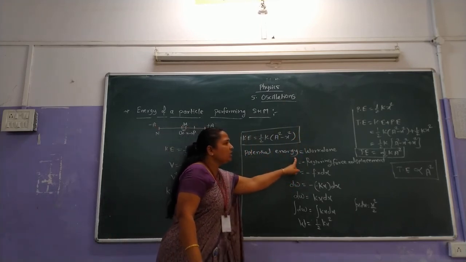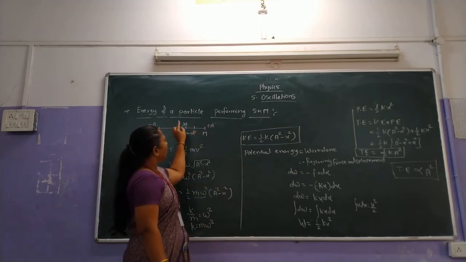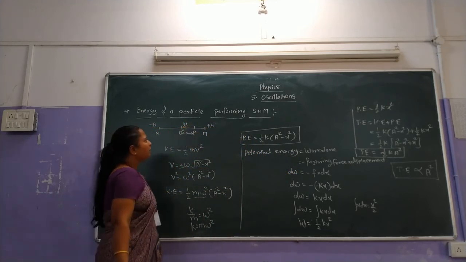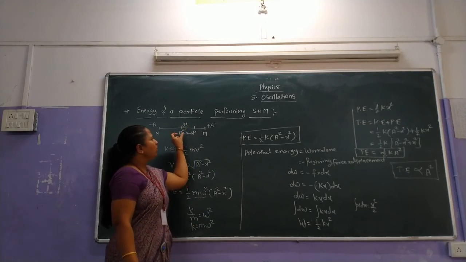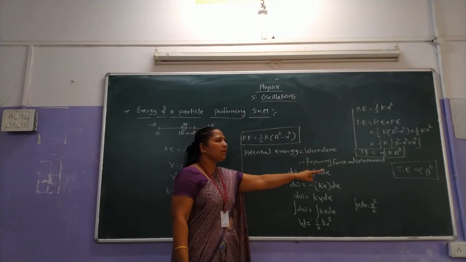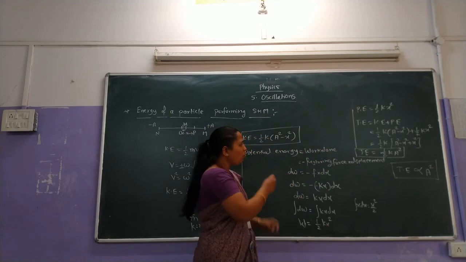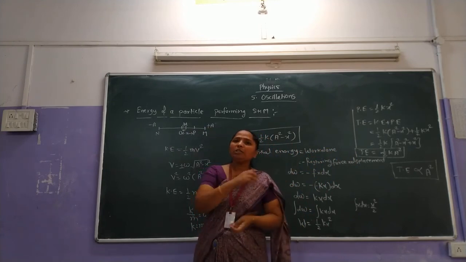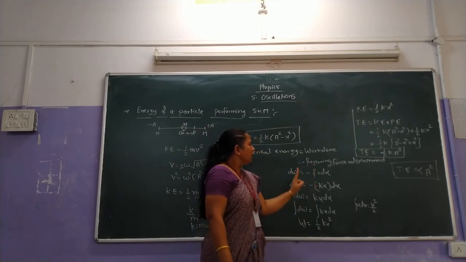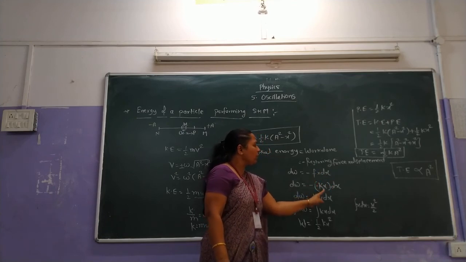And potential energy is the stored energy. When the particle is displaced with a small displacement dx, it possesses potential energy. Potential energy is equal to work done, and work done is force into displacement, where the force is the restoring force. Since force and displacement are in opposite directions, dw is equal to minus F into dx, where F is equal to minus kx.